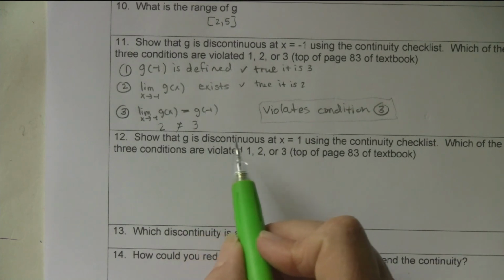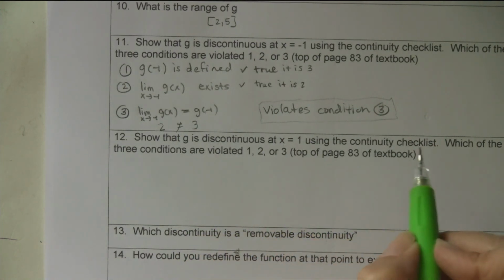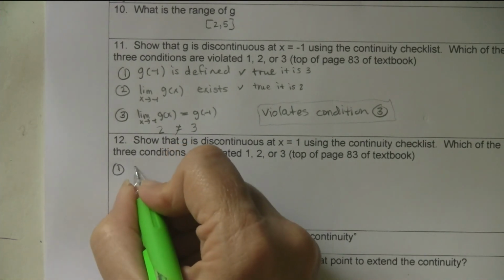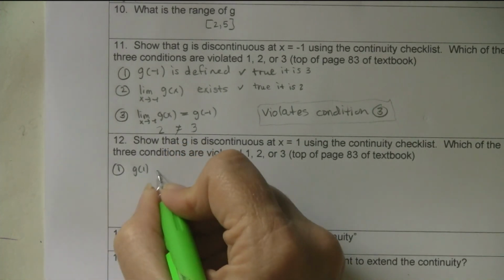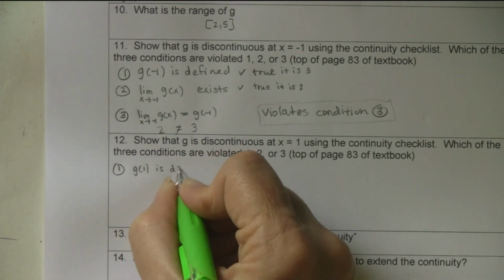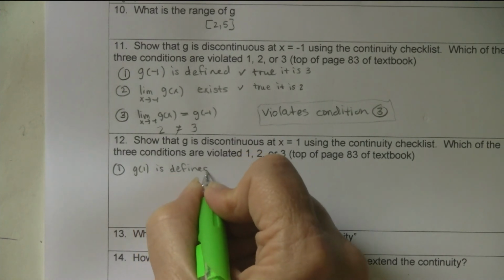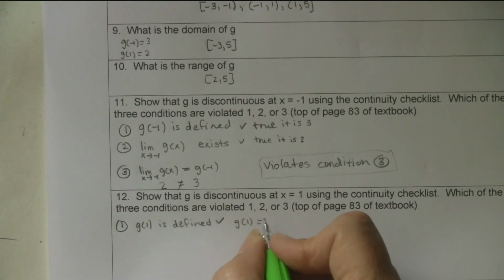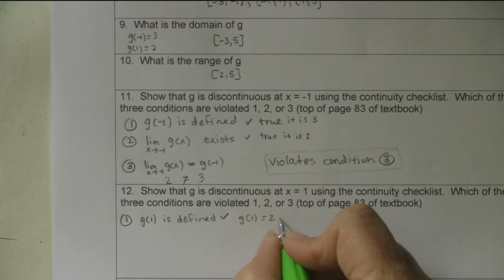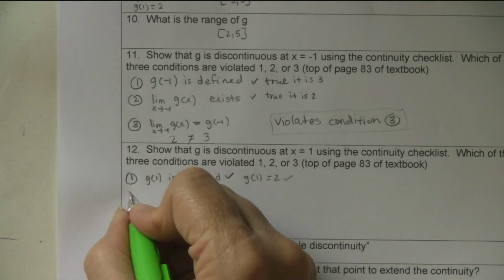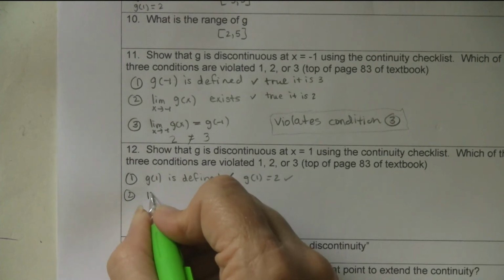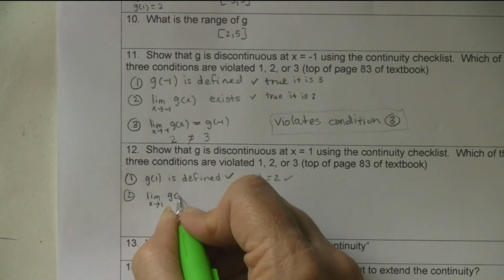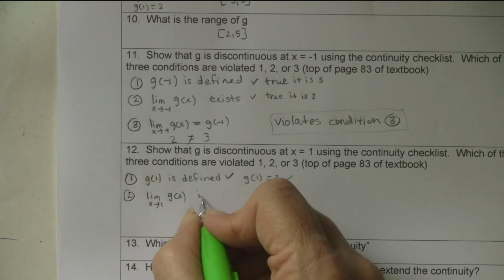Show that G is discontinuous at x equals 1 using the continuity checklist. So we're going to do the same thing. G of 1 is defined, check mark. G of 1 equaled 2, we found it up above. So this is true, and it doesn't violate this. The limit as x approaches 1 of g of x exists.